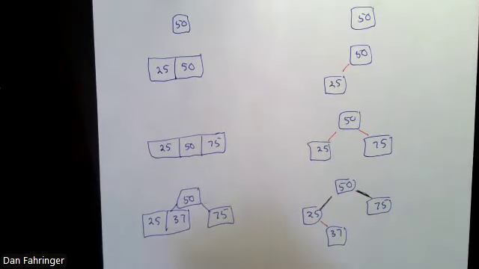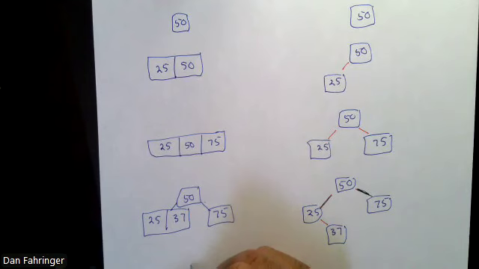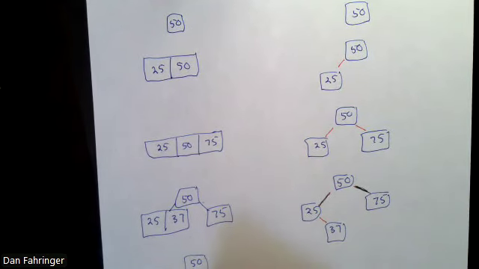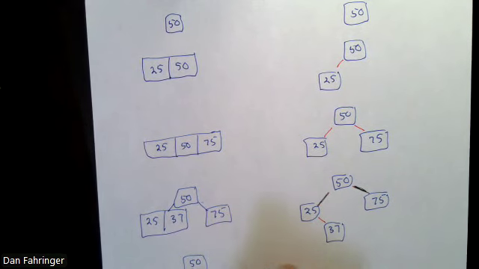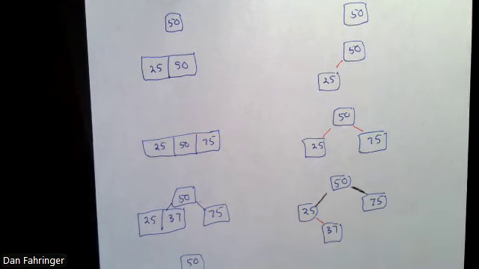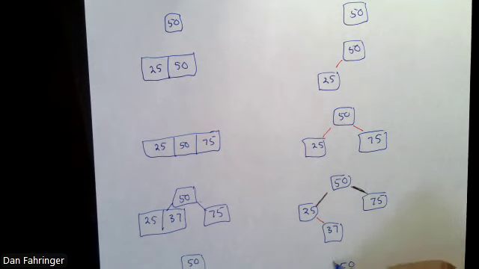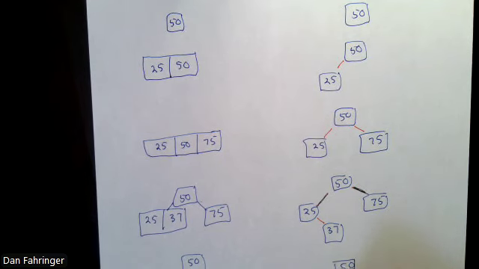68. 68's bigger. It's going to go there. 50, 25, 37, 68, 75. When I add 68 to my binary tree, it's greater than 50 and less than 75.